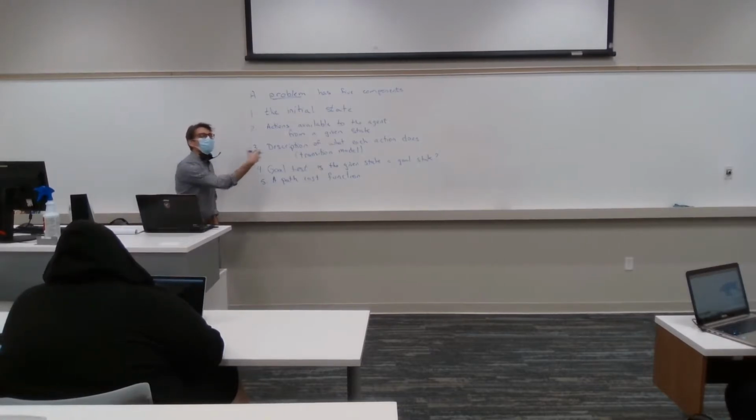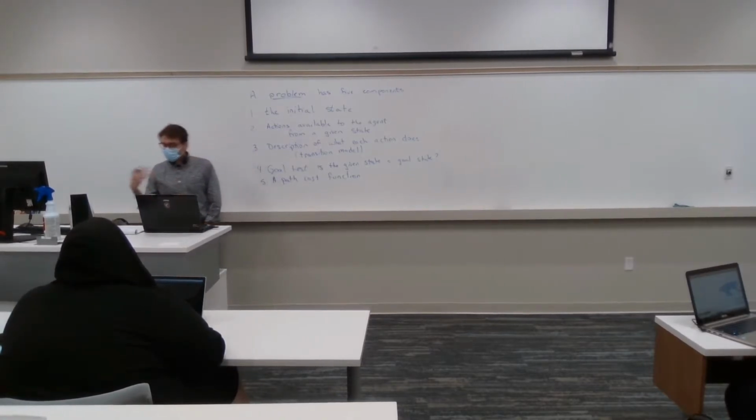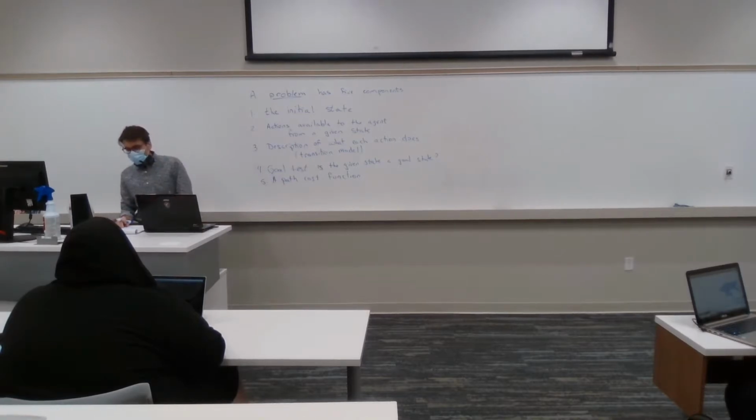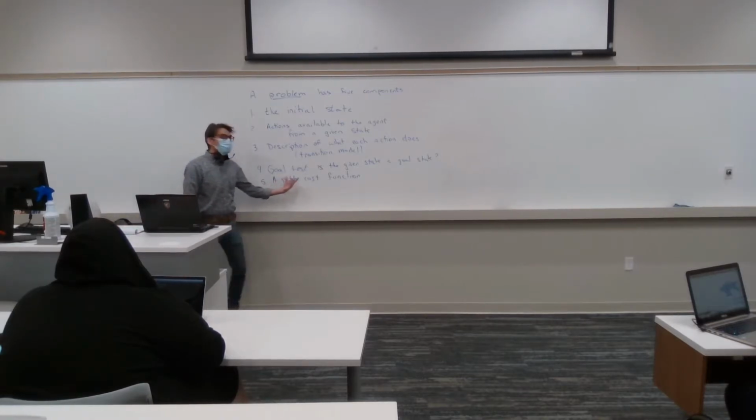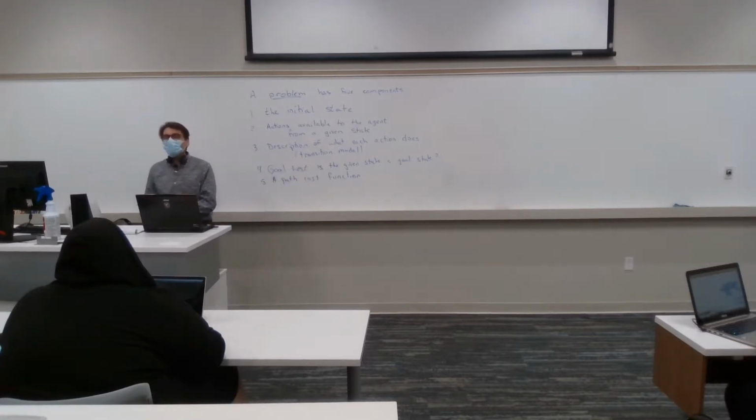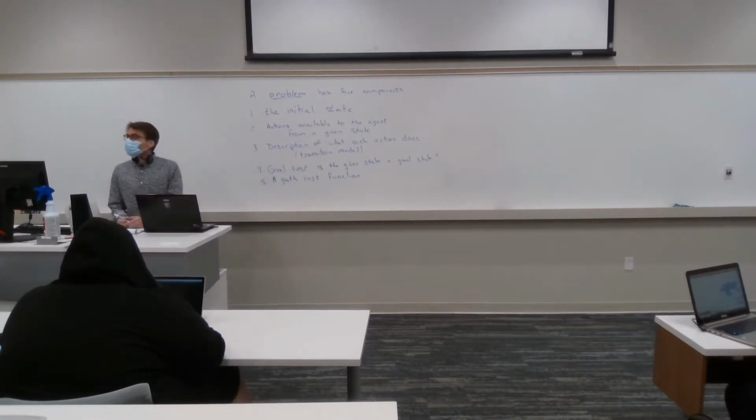So you just add up the cost of each step, and that gives you the overall path cost. Again, sometimes we don't need to worry about that portion. If the goal is just to get to a given state, then we don't have to worry about the cost. But if we're trying to get to that state in the best possible way, then that does matter.